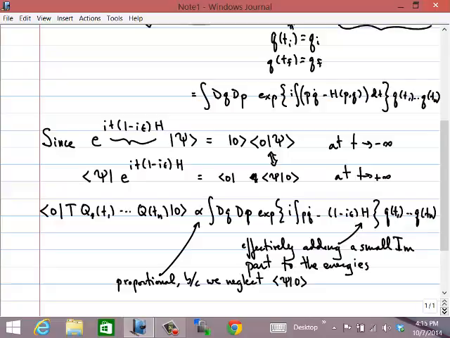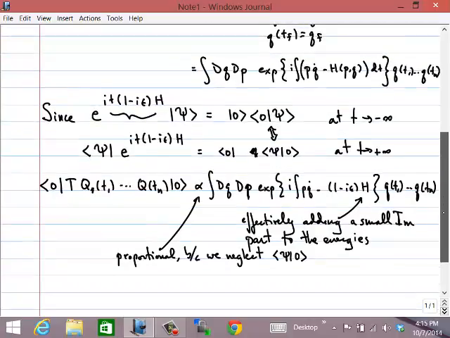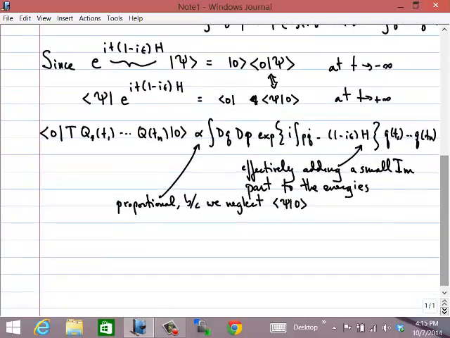So what we conclude is that if you're only interested in studying vacuum expectation values, then all you need to do is add a small imaginary part to the Hamiltonian, and then you're all set. You don't need to worry about imposing initial and final boundary conditions on your fields at t goes to plus or minus infinity. Essentially, taking the energies to have a small imaginary part automatically imposes these boundary conditions for you.